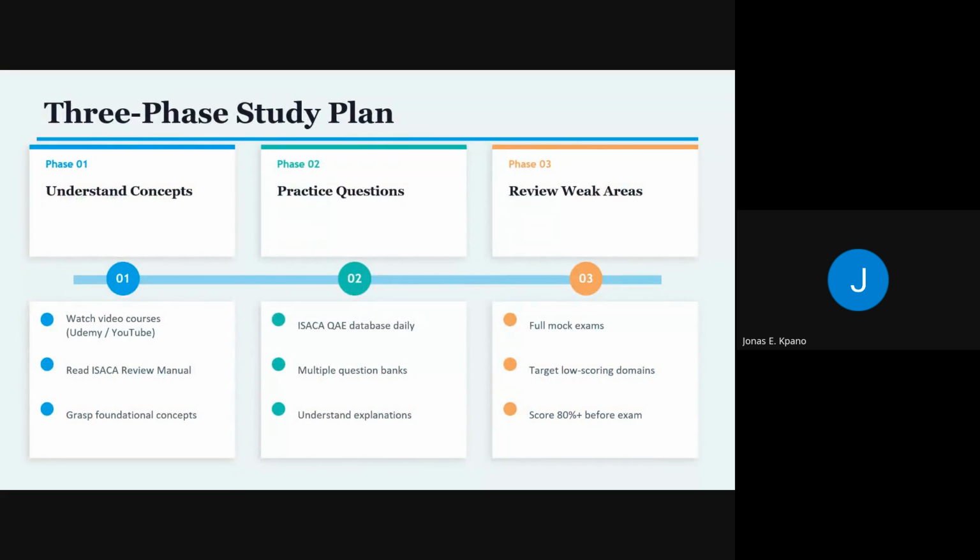So what study strategy can we use? How to prepare effectively for the CISA exam? Basically, if you want to prepare for the CISA exam, you need to take it in 3 phases. The first phase is understanding the concept of CISA. What is CISA about? You need to really understand what the whole exam is about, what the questions ask you, and what ISACA expects from you.